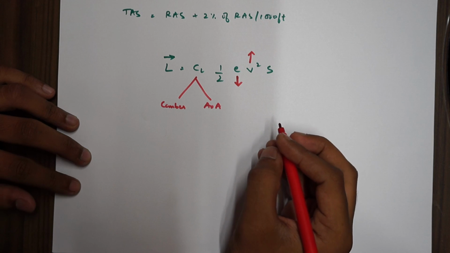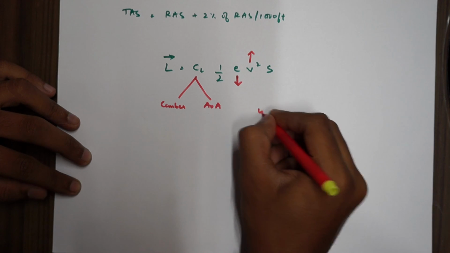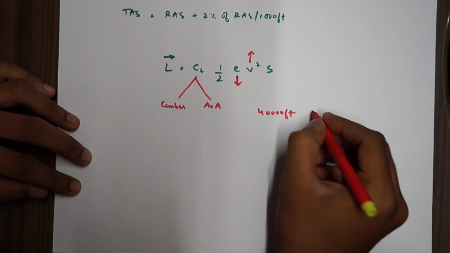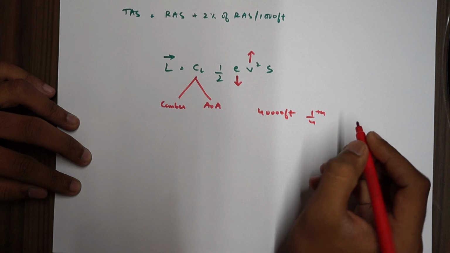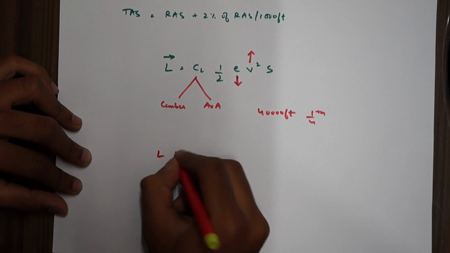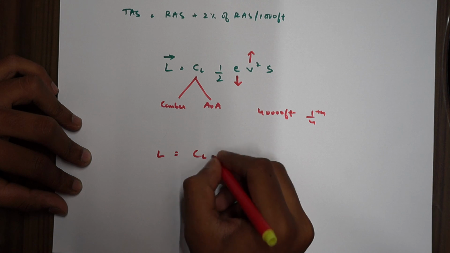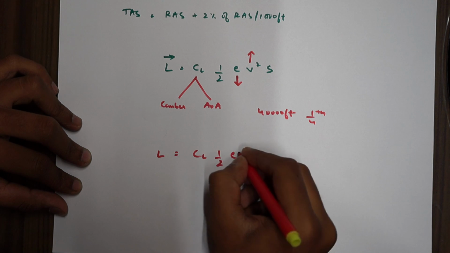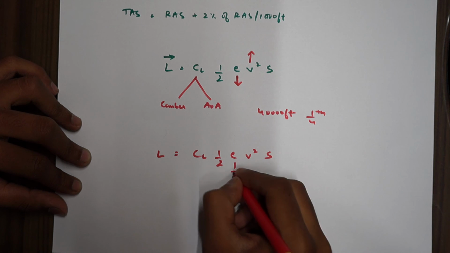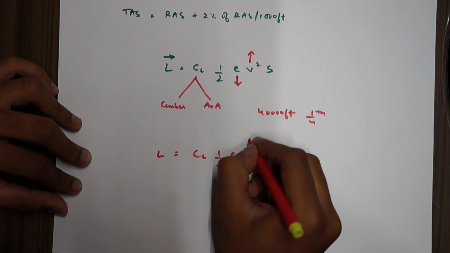For example, say at 40,000 feet, the density is almost 1/4. Okay, so at that point the equation turns out to be L equal to CL half rho V square S. Since this has become 1/4, this has to become 4 times.